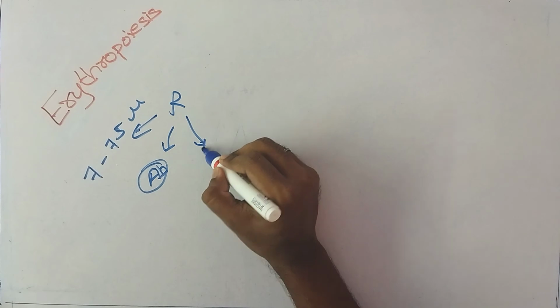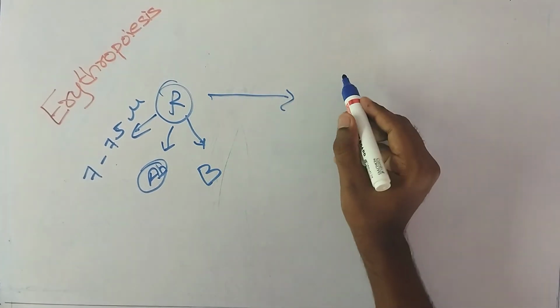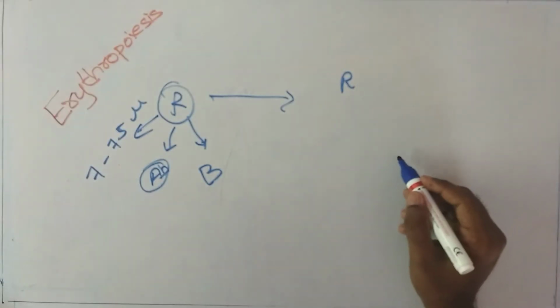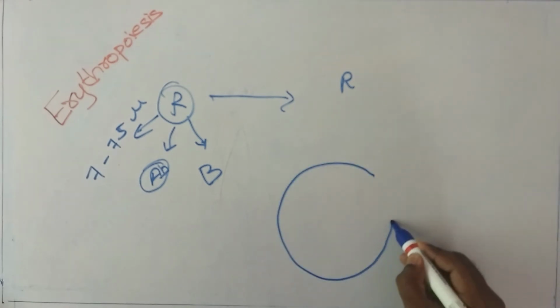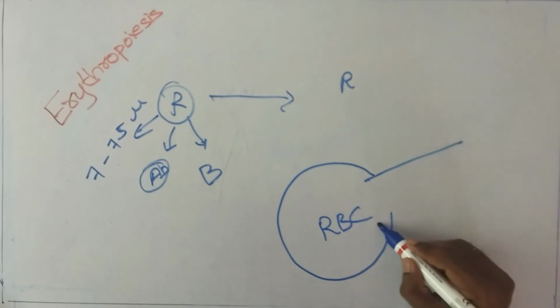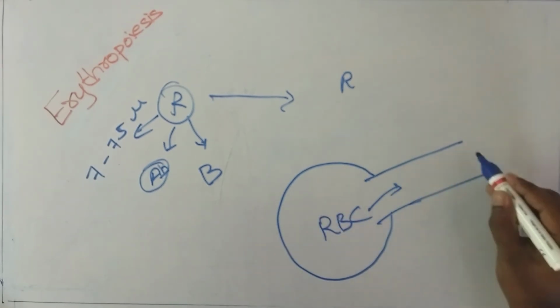The staining property of this stage is basophilic, and the important event is that the reticulum is formed and the cell enters the capillary from the site of production. If this is the site of production of RBC, this cell enters into the capillary.